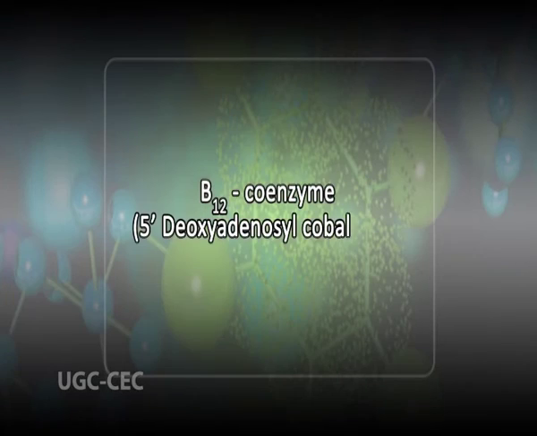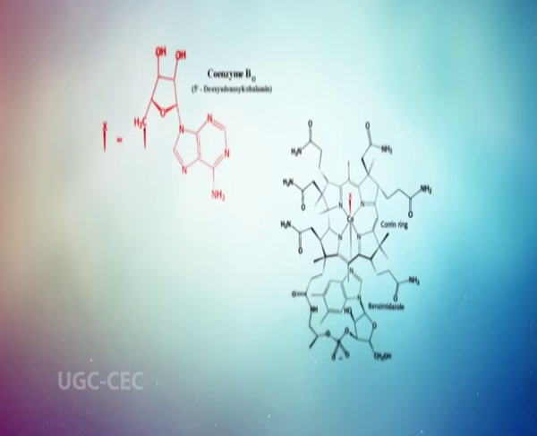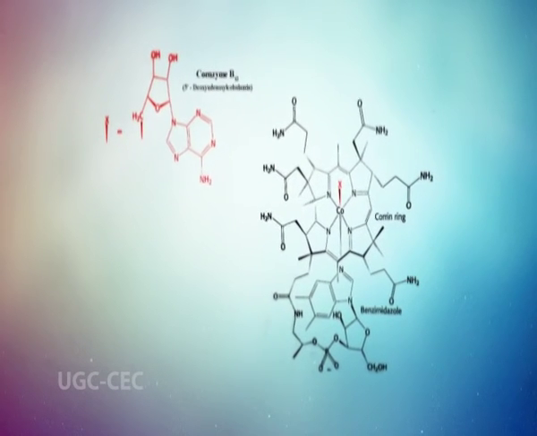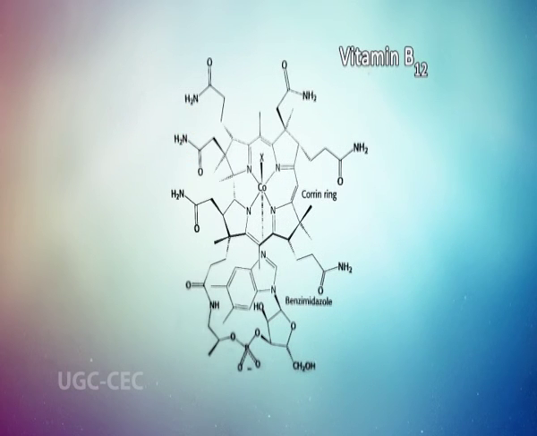Next is B12 coenzyme. 5'-deoxyadenosylcobalamin is a coenzyme derived from vitamin B12, that is cobalamin. It is also known as B12 coenzyme. This is the structure of coenzyme 5'-deoxyadenosylcobalamin and its precursor vitamin B12, cobalamin. The core of cobalamin consists of a corrin ring with a central cobalt atom.